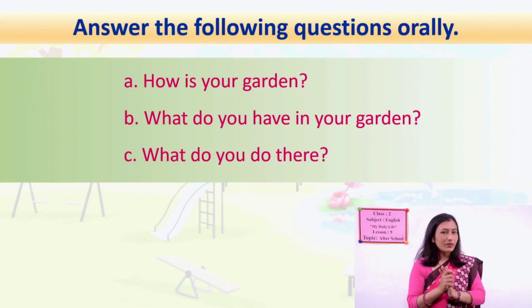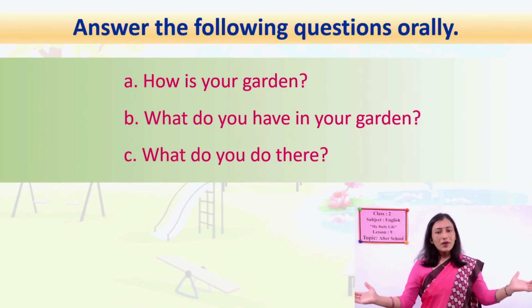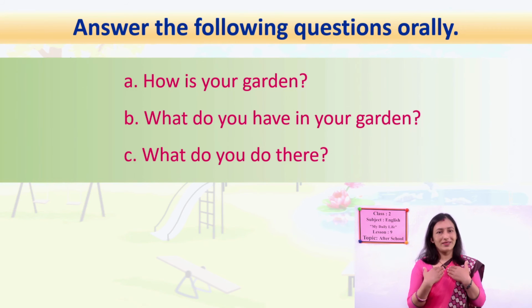Tell me. You have a garden. How is your garden? Is it big or small? Beautiful. I have a small garden. Now tell me, how is your garden? Big or small?